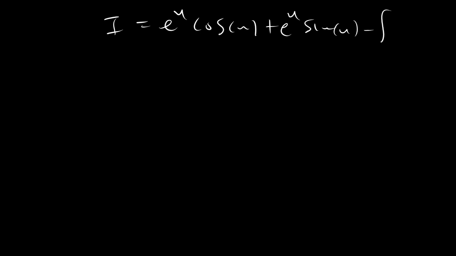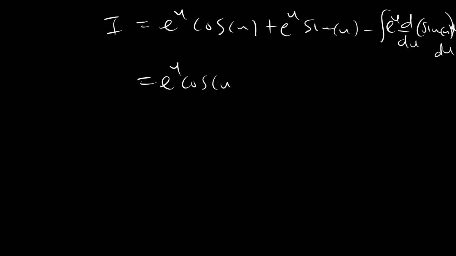So we've come to I is equal to e^u cosine of u plus e^u sine of u minus the integral of e^u times the derivative of sine of u du, which is equal to e^u cosine of u plus e^u sine of u.